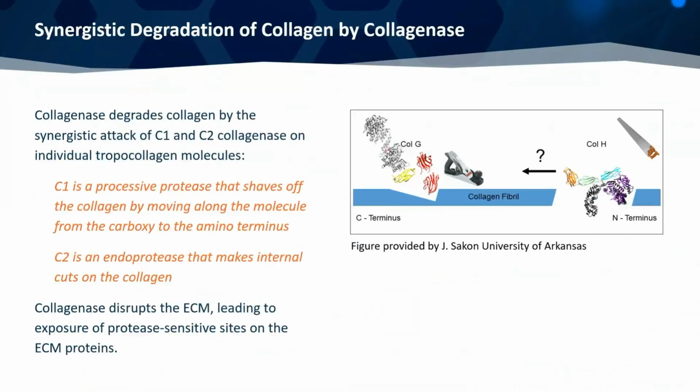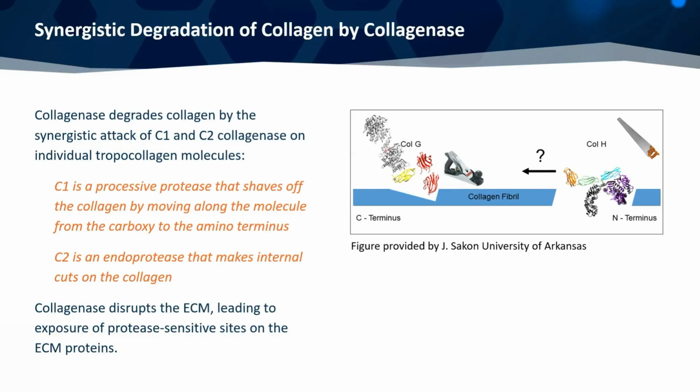So what led from Matsushita's initial work was that Josh Saccone and another group in Austria showed that collagenase degrades collagen by synergistic attack by the class 1 and class 2 collagenases. And you can see, and this is a slide from Josh Saccone, that C1 is a processive protease, as he terms it, and it literally shaves off the collagen by moving along a tropocollagen molecule.